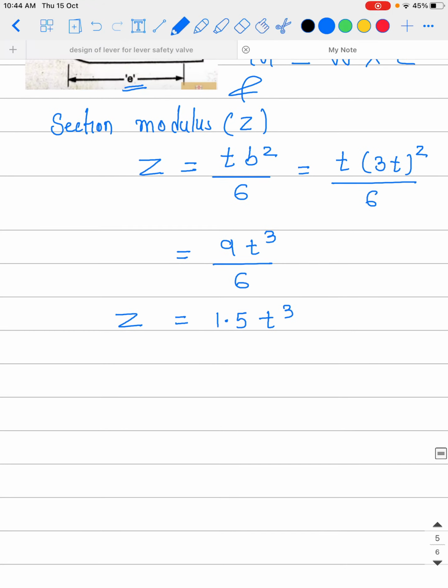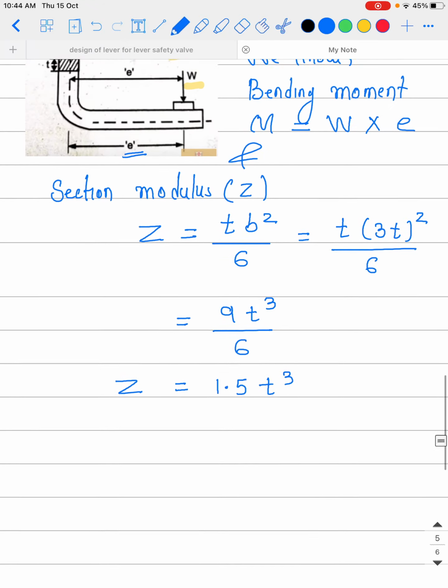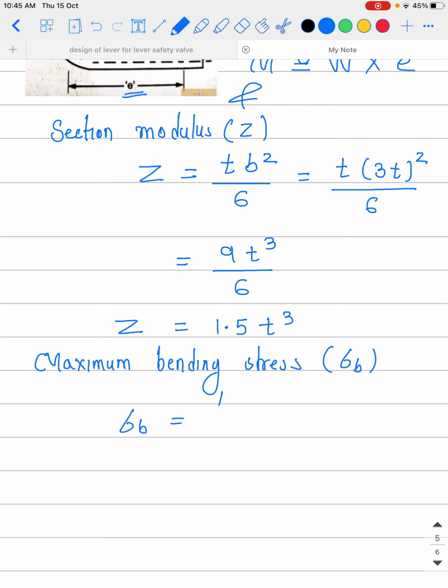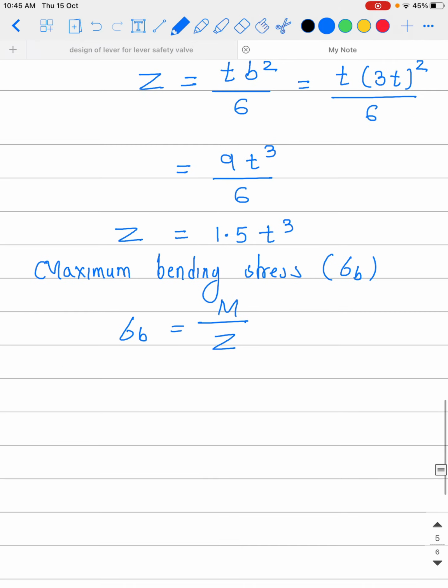Okay, so if we know the section modulus and the bending moment, we can find out the maximum bending stress sigma B, and this sigma B is equal to M by Z, that is, bending moment divided by section modulus.